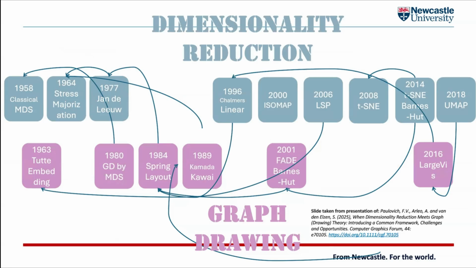So here's the big drawing that they had in the Euroviz paper from classical MDS all the way up to UMAP, which is a state-of-the-art dimensionality reduction technique. And all of the connections of where they use bits and pieces of each other. And here we go. t-SNE and Kamada-Kawai are there.